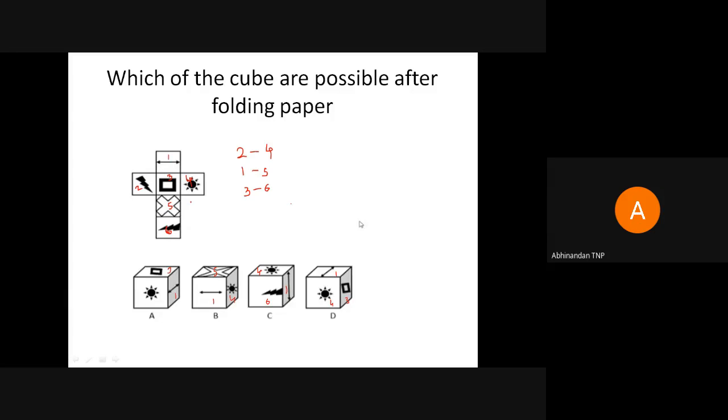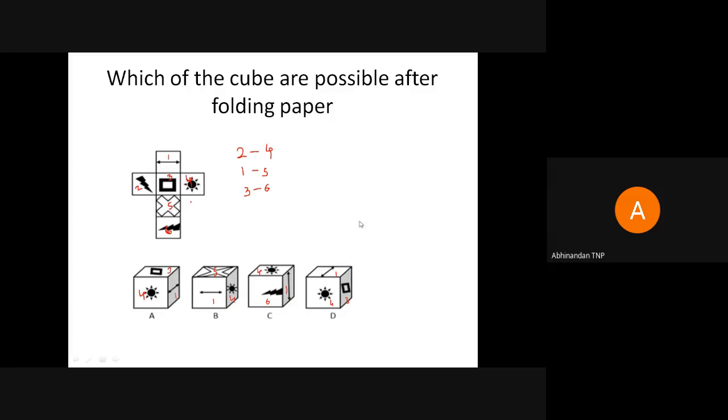Which of the cubes are possible after folding is asked. Now you have to observe the options and find out the answer. This is the 4th number, this is 3 and this is 1. Now 4: the opposite of 4 is 2. 2 is not available, means here we cannot observe the 2. Then 3: the opposite of 3 is 6. 6 is also not there.